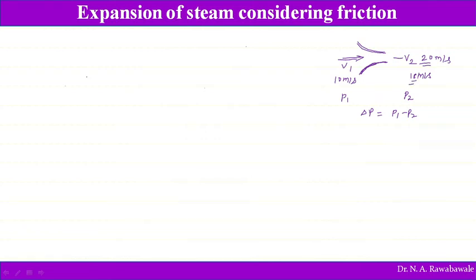So what are the reasons for reduction in the velocity of steam coming out of this nozzle? The very first reason is due to friction between nozzle surface and steam.